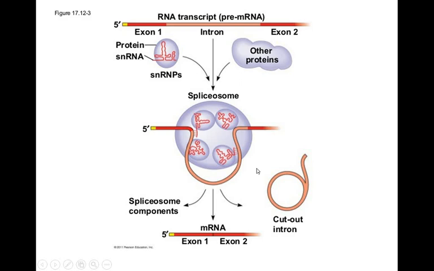This is from the textbook. Researchers have learned that the signal for RNA splicing is a short nucleotide sequence at the end of an intron. So what they're saying is that at the ends of these introns, there's a little sequence of bases, and that tells these snRNPs, which stand for small nuclear ribonucleoproteins, to splice them.